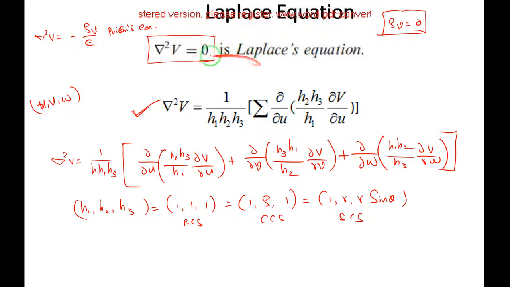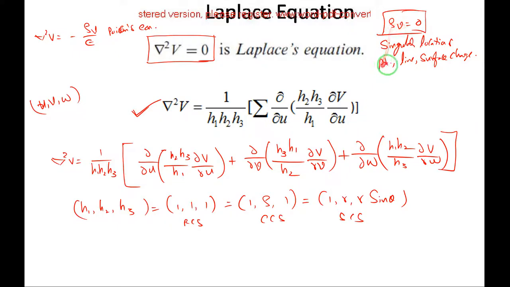But if volume charge is 0, it doesn't mean that at singular points or singular locations there is no charge. Instead of volume charge, there may be a point charge, a line charge or a surface charge, which is responsible for the field.